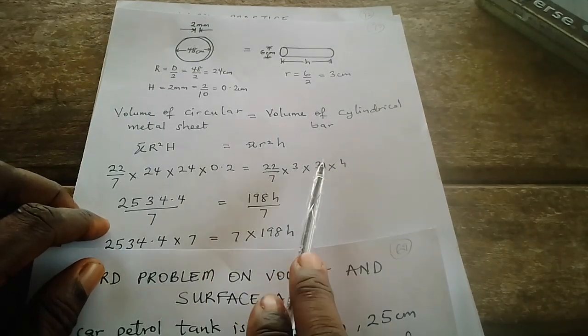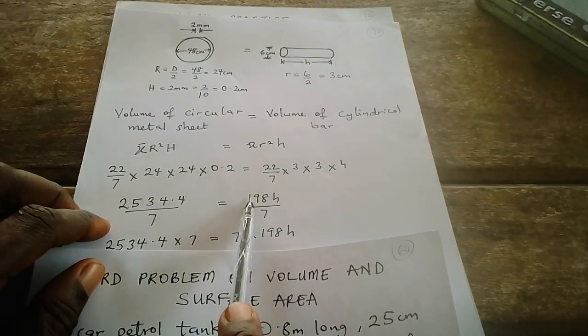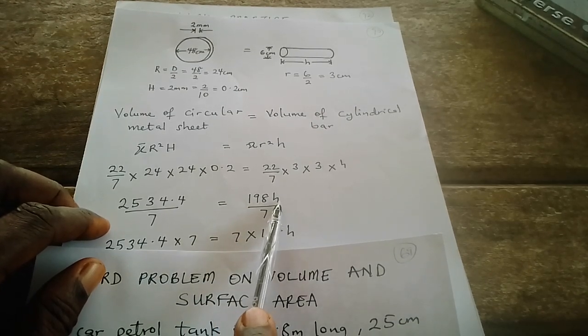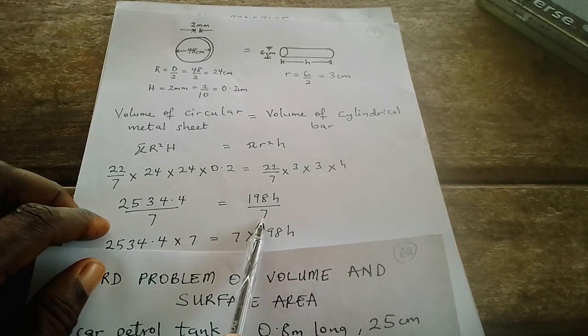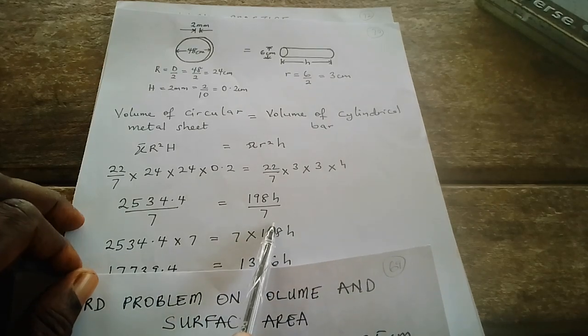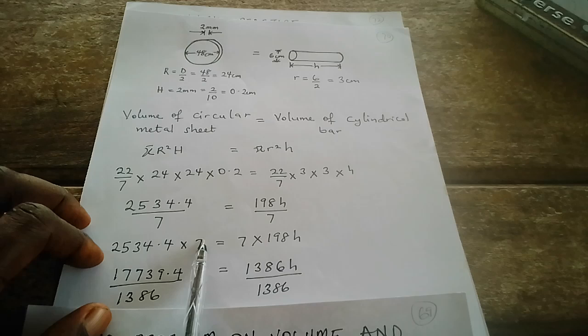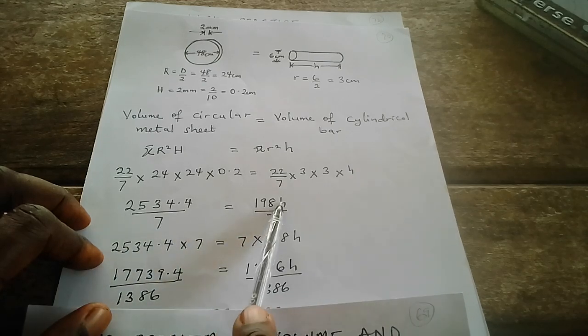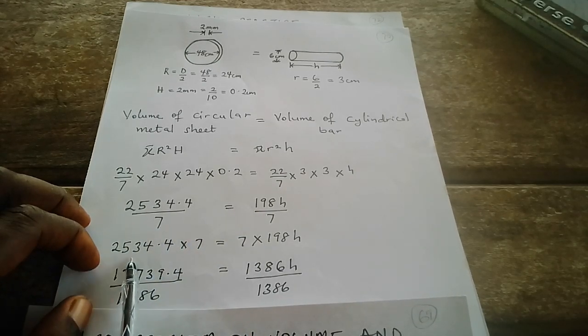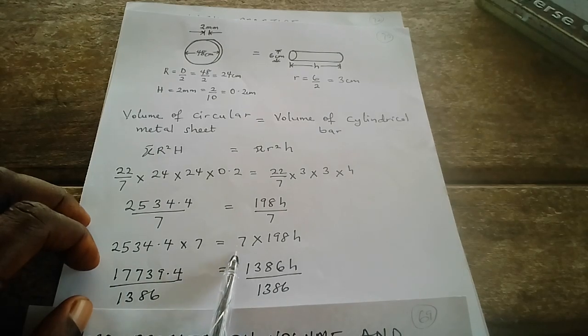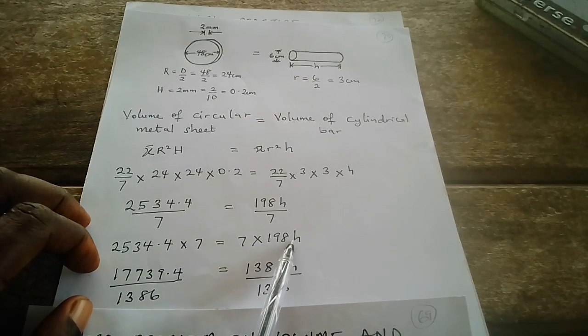So 22 times 3 times 3 times h will give us 198h divided by 7. So when you cross multiply in both situations, 2534.4 times 7 is equal to 7 times 198h.